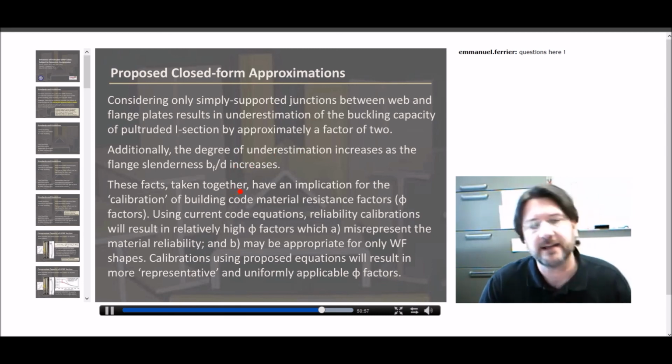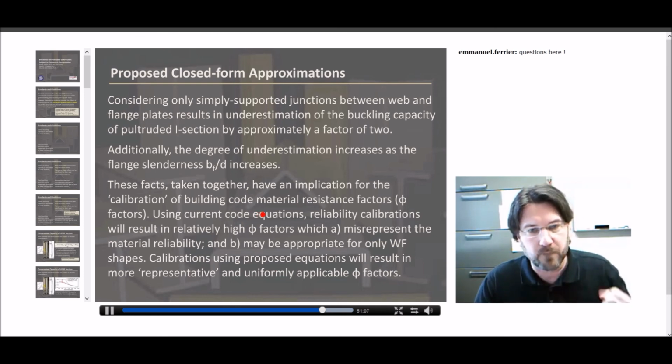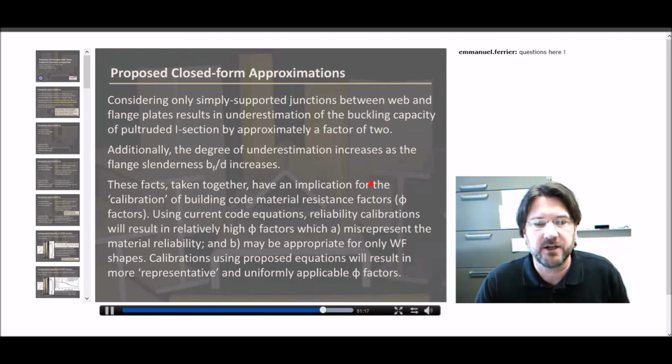We take these two facts together, and we have an implication on the calibration in terms of building code material resistance factors, the so-called phi factors. If we use the current simply supported case, we end up with a phi factor that's relatively high, 0.85, 0.9, in order to make up for this underestimation of capacity. And this is misleading because it's not telling the true story.